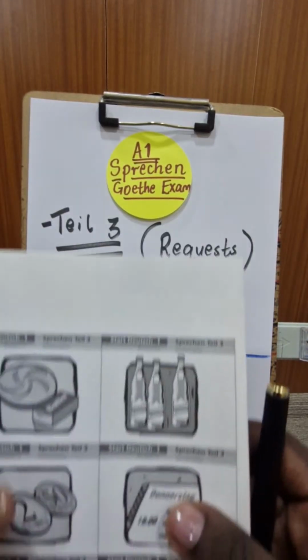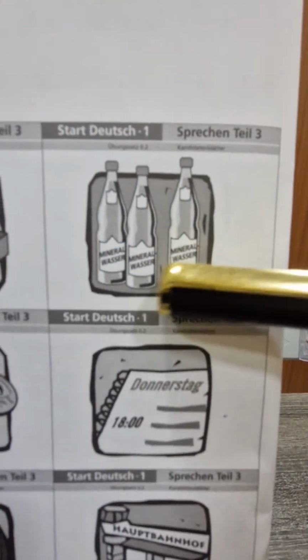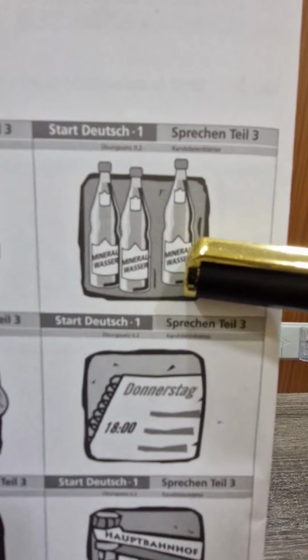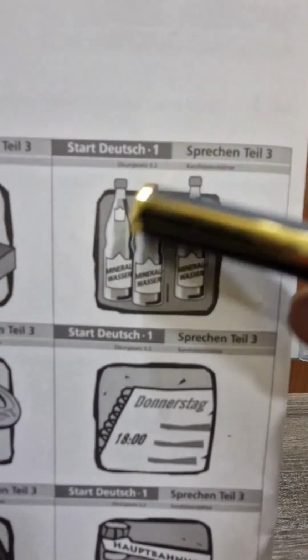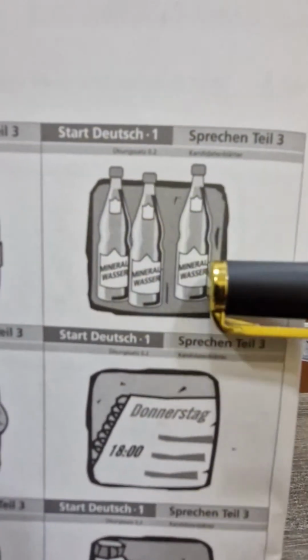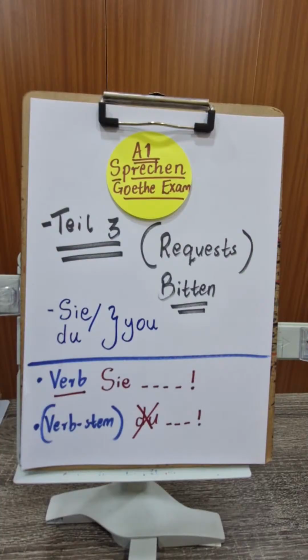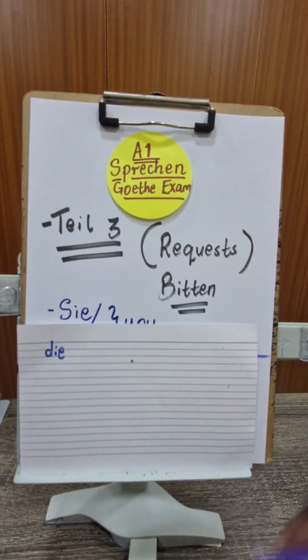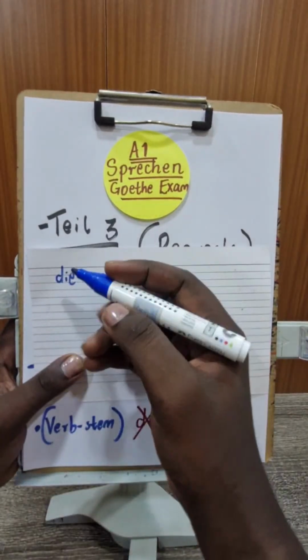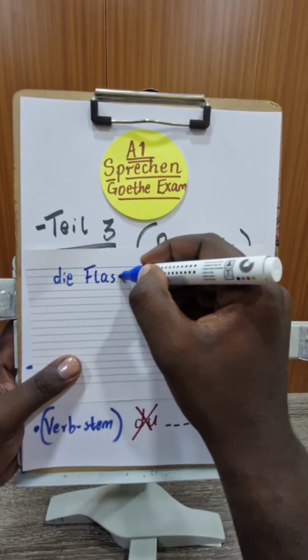Now for the second photo you've been given, you can use bottles, or you can also use Mineralwasser. Let's get the names of bottles. How do you say bottle in German? If it is singular, it is die Flasche.